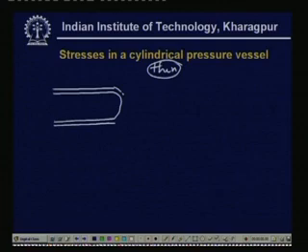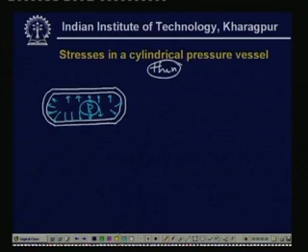Let us take it to be closed ended, and inside it there is fluid which has uniform pressure throughout. Let us take the pressure to be P. Here this is the cylinder, and the thickness, let us consider, is T.